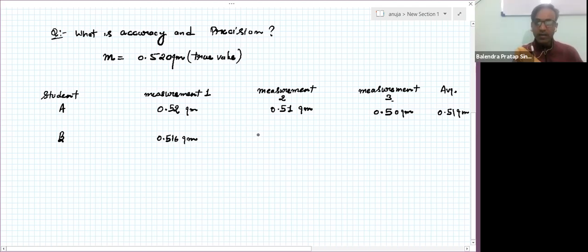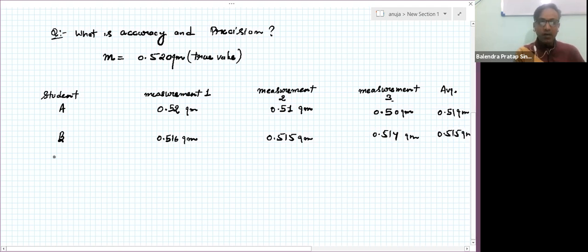So student B takes the first measurement, which is 0.516 gram. In his second measurement he got 0.515, and in his third measurement he got 0.514. These three values are all in gram, so the average value is 0.515 gram.